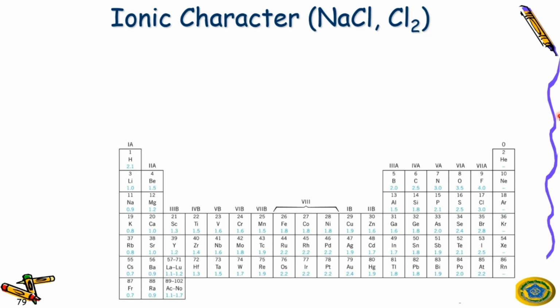If the value is high, that means you have a high ionic character. For example, sodium chloride has a high ionic character compared to chlorine gas. Why? Because in chlorine gas, they only share electrons. But sodium chloride is an ionic bond. So an ionic bond is sharing electrons but also shifting electrons.